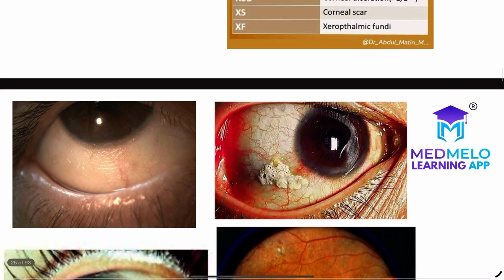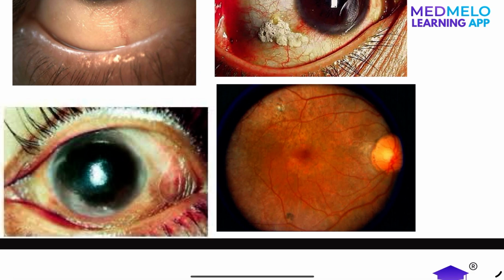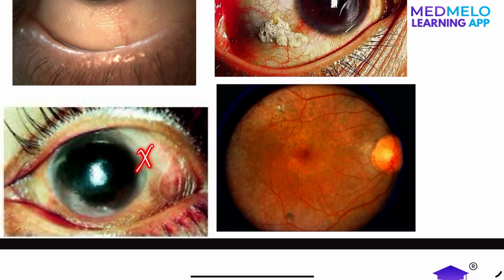And next is X3A and X3B. X3 indicates ulceration in the cornea. X3A means less than one third of the cornea is affected by ulceration.